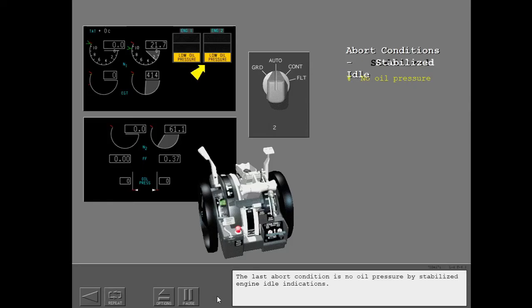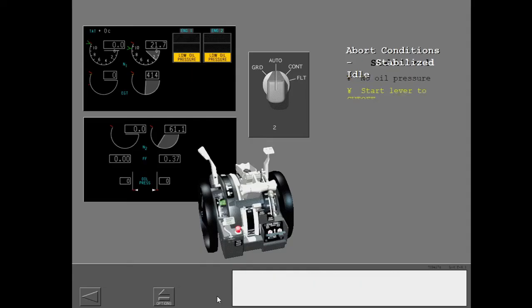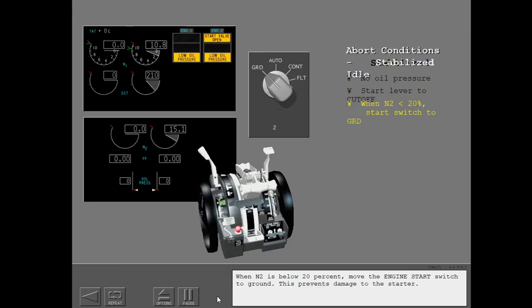The last abort condition is no oil pressure by stabilized engine idle indications. The start lever is moved to cutoff. When N2 is below 20%, move the engine start switch to ground.